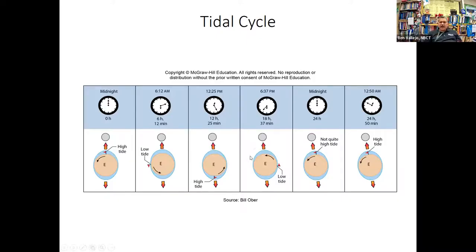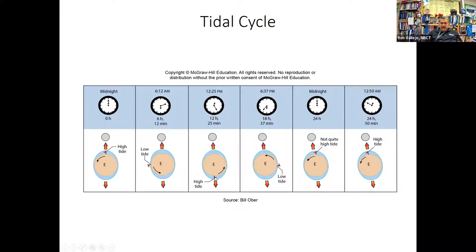And this shows you what would happen if you're looking at it from a bird's eye view. And you could see that, okay, the high tide's at midnight, and at 6 in the morning, this same place where the flag is now over here, you're going to see the low tide.